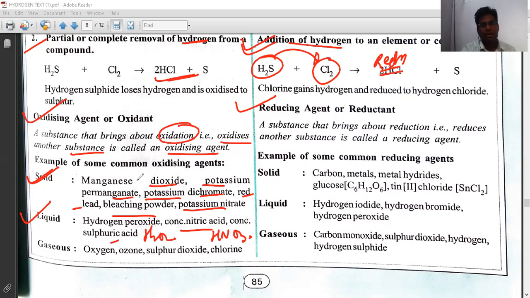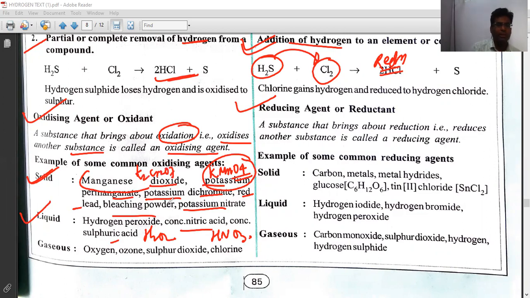These are the oxides or oxidizing agents, or the compounds which give oxygen after decomposition, like KMnO4. KMnO4 is called potassium permanganate. So potassium permanganate is used for producing nascent oxygen, right? In a similar manner, manganese dioxide also produces oxygen. Potassium dichromate also produces it.